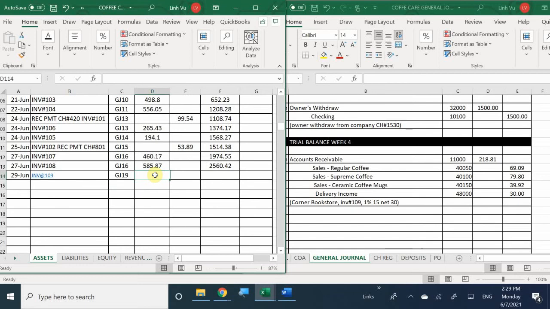Debit or credit? Oh wait, I put credit. Are we increasing accounts receivable or decreasing? How did you journalize it? This is where I messed up. I think I skipped this one and I just realized it. If someone could jump in and give me a hand, that'd be awesome. It should be a debit for 218.81, because our customer owes us money. And I am in accounts payable. That's my other mistake.